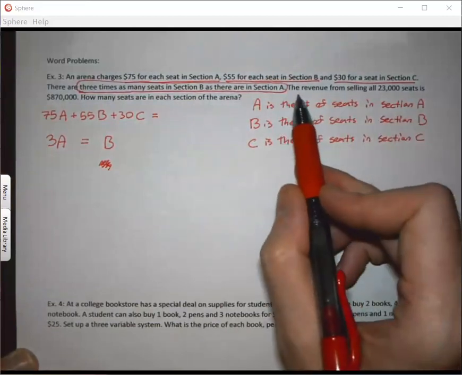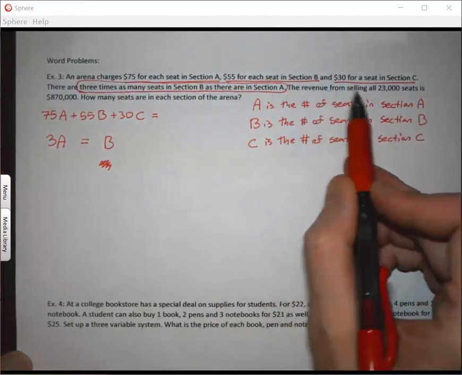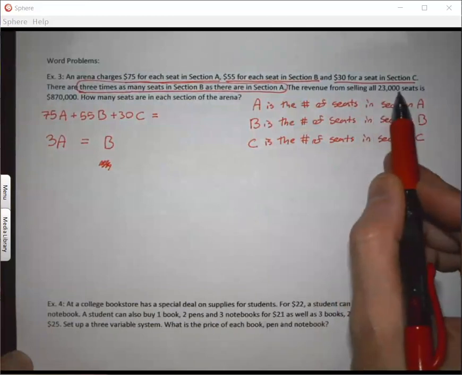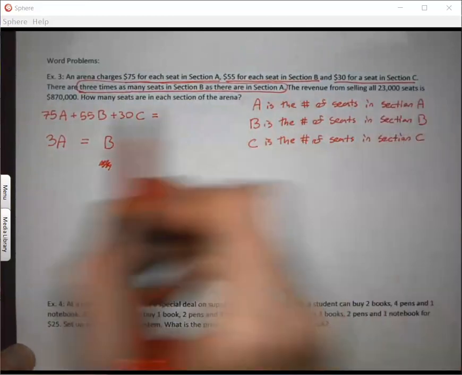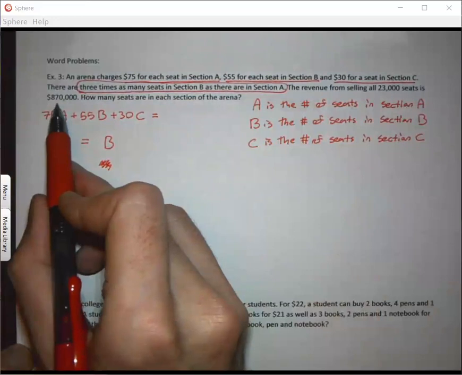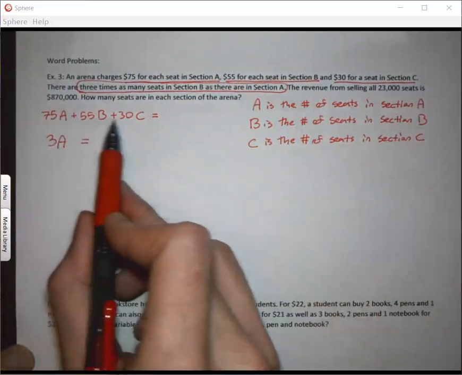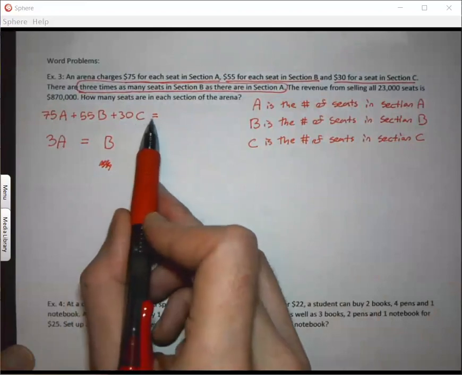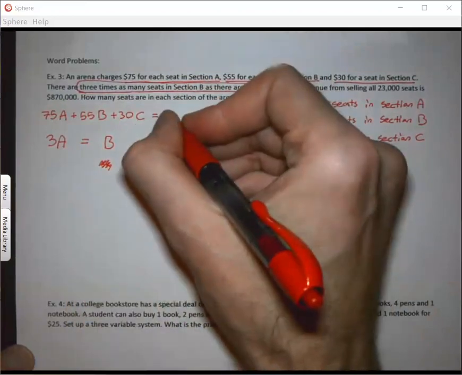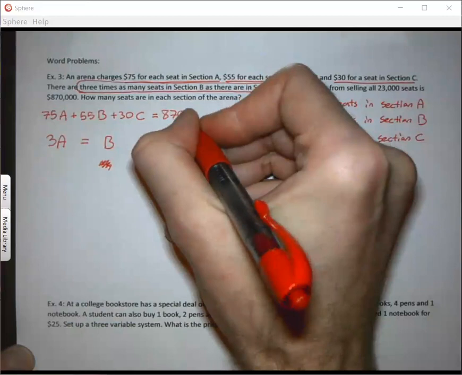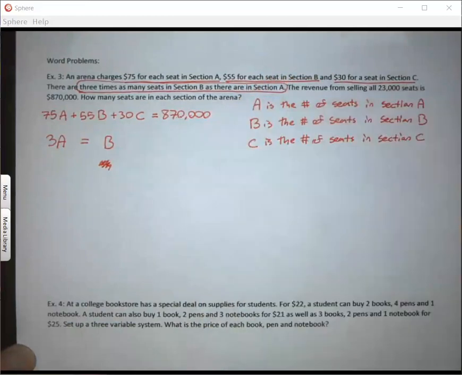Next sentence. The revenue from selling all 23,000 seats is $870,000. So now we know the amount of money we get per seat if we sold all of them. 870,000.